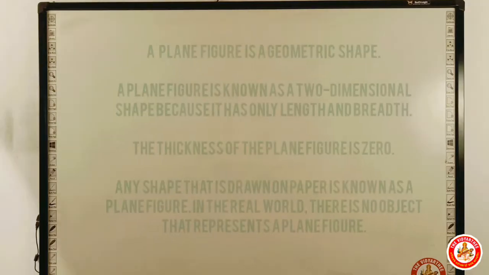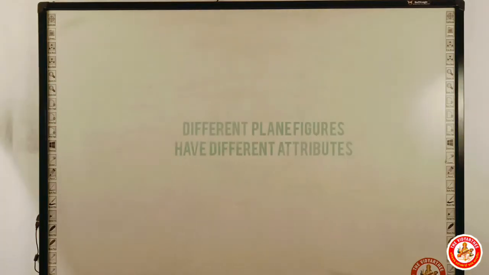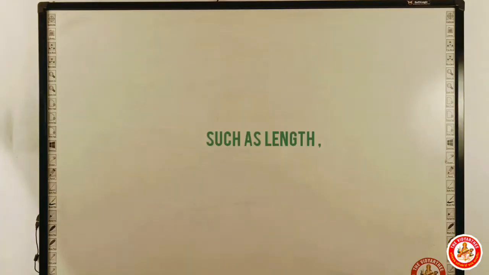Plane figures are closed two-dimensional or flat figures which have a plane shape. Now different plane shapes have different attributes such as number of sides or corners. A side is a straight line that makes a part of the shape.